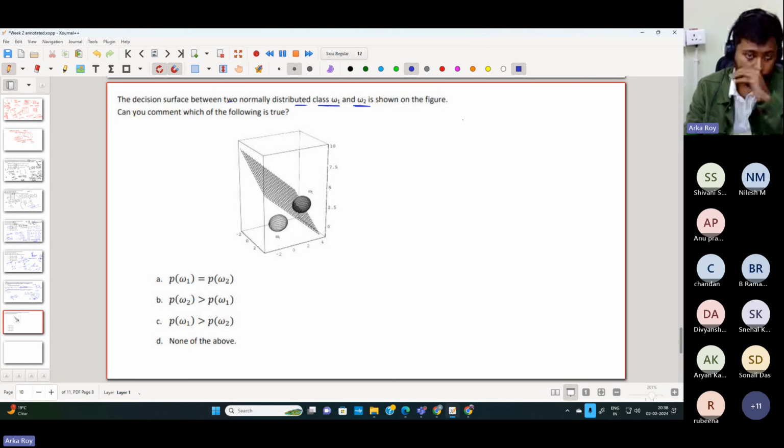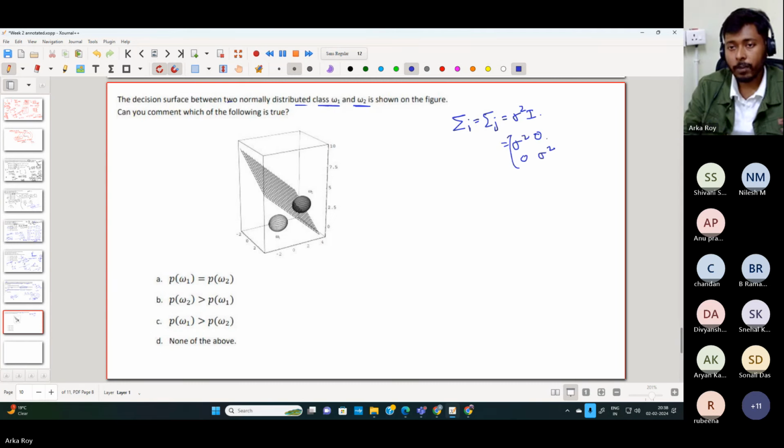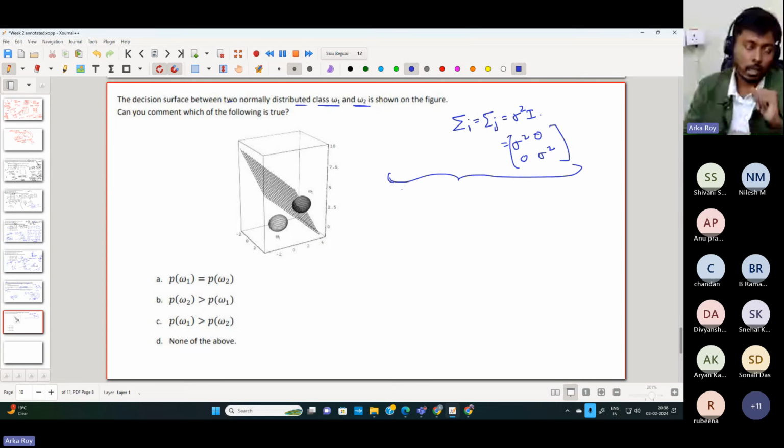Let me consider a case where your covariance matrices are the same and of this sort: sigma square 0, 0, sigma square. Can anybody tell me, under this condition, what the decision surface looks like?